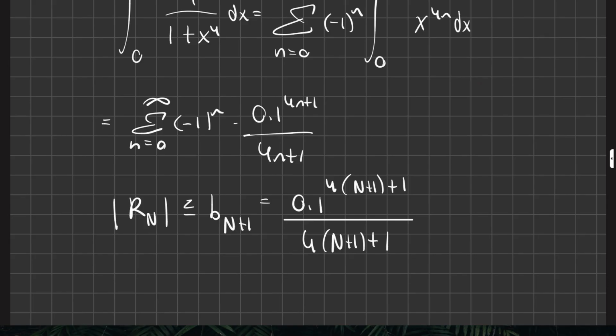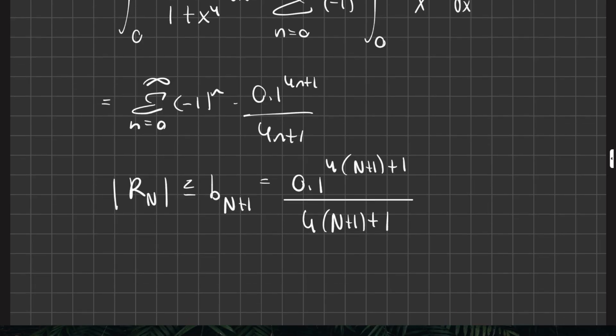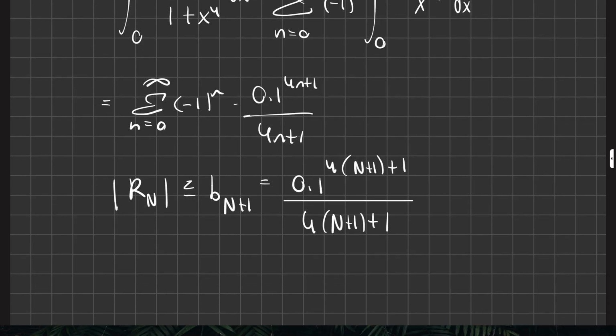So we're just replacing that little n with the next term, which is capital N plus 1. Okay. So we want to choose capital N such that bn plus 1 is less than 10 to the minus 7.